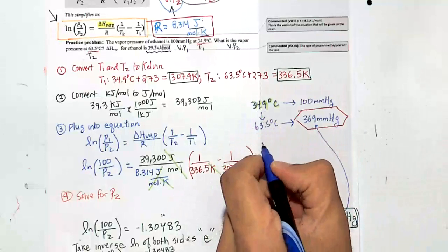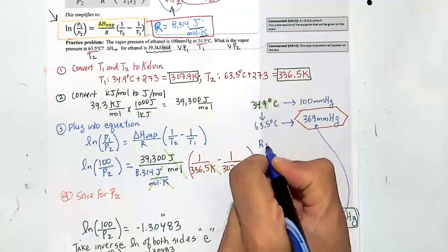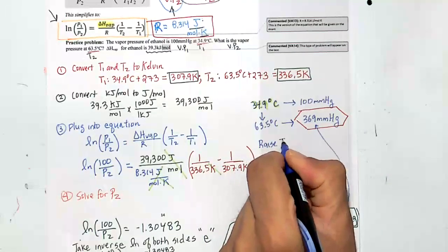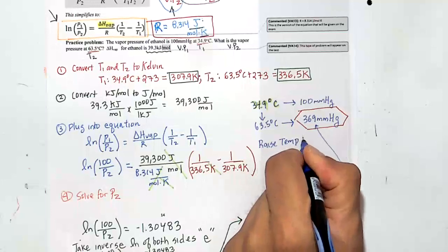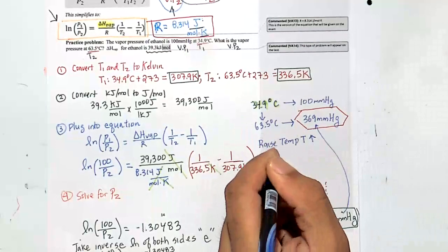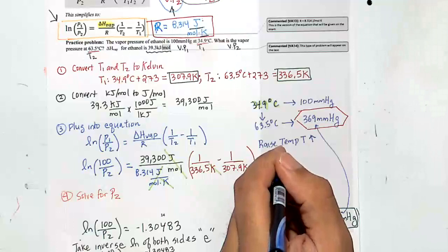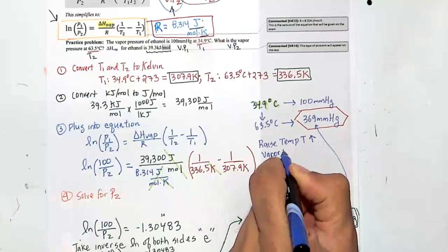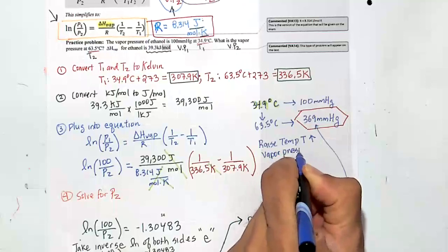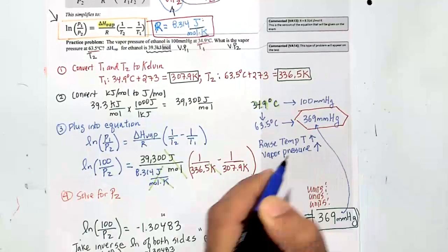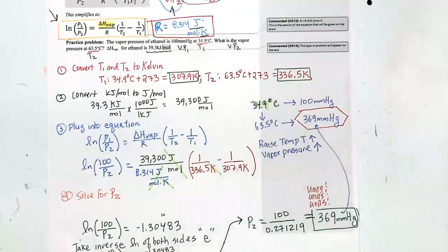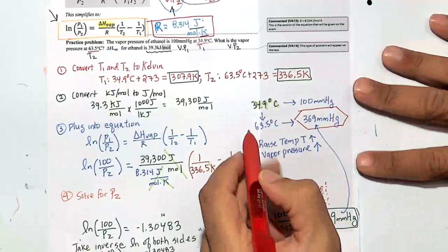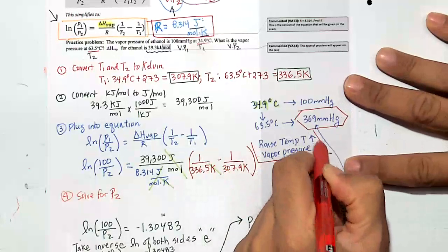So one thing I'd like you to know is typically if you raise the temperature, the vapor pressure will go up. Very good. This is something I'd like you to know.